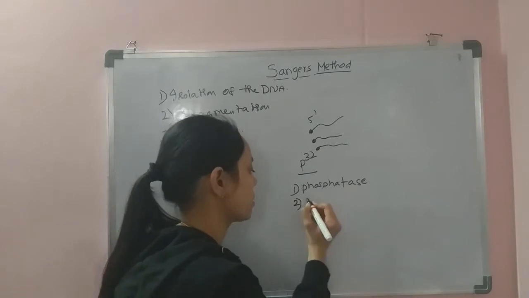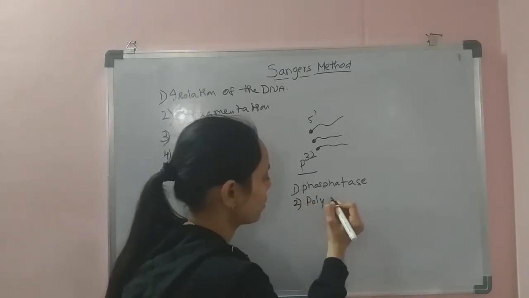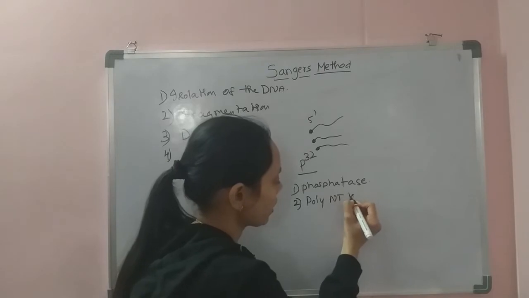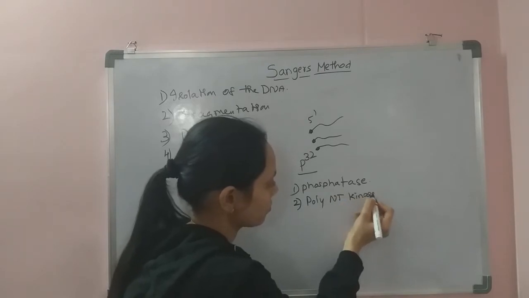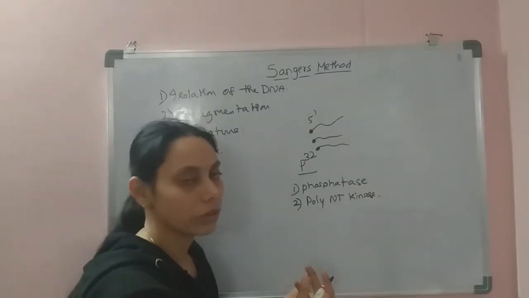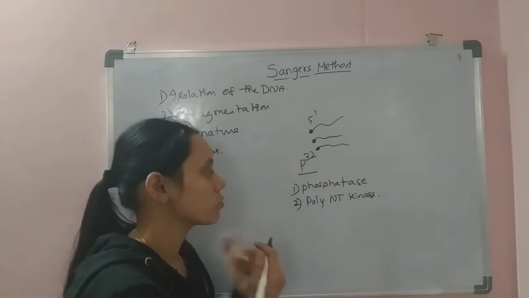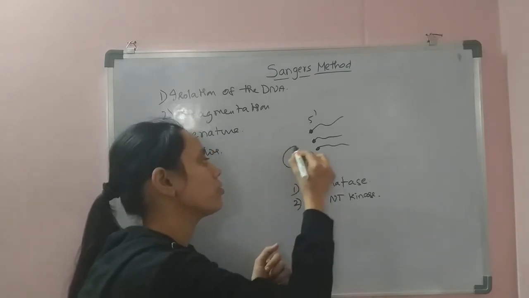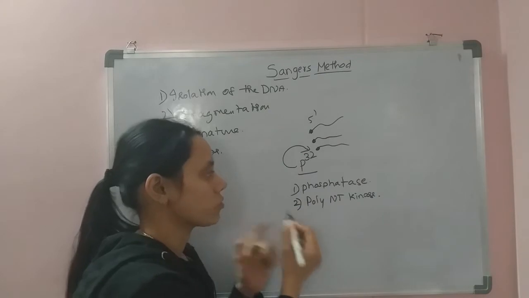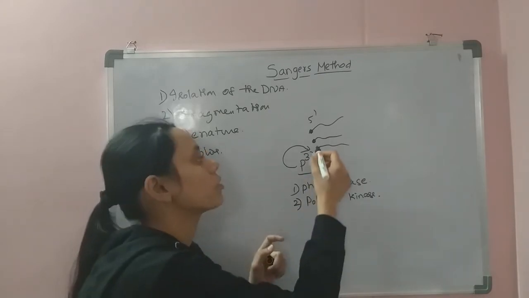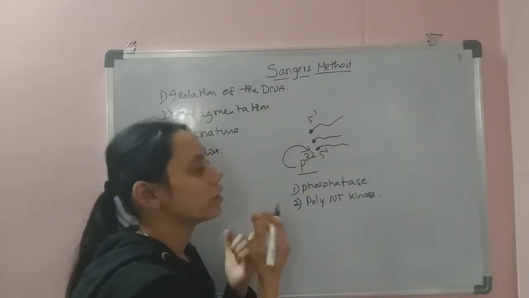The second enzyme is polynucleotide kinase, which is responsible for the addition of radioisotope-labeled phosphate to the 5' end of the DNA.